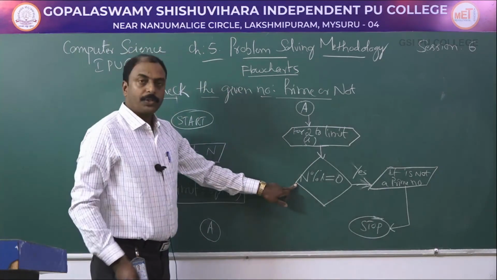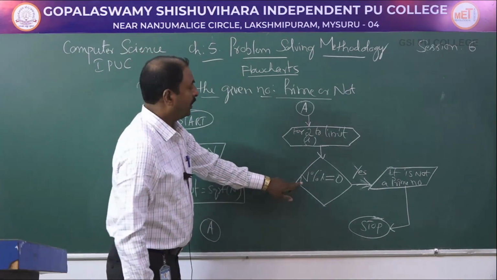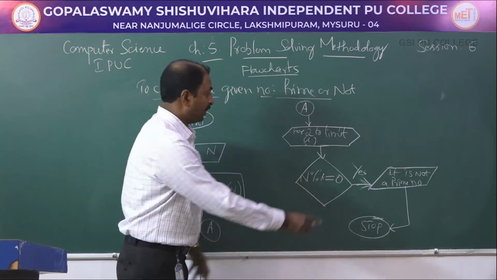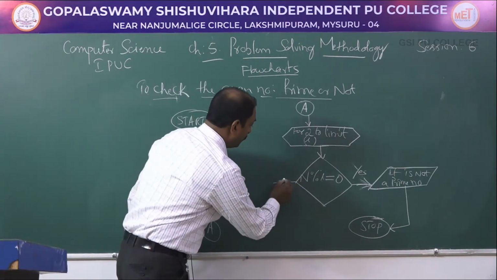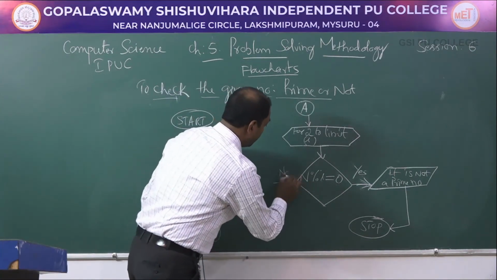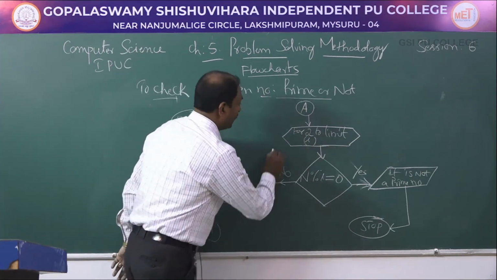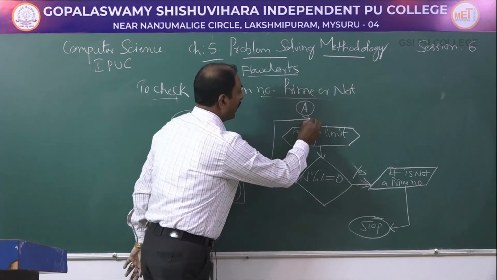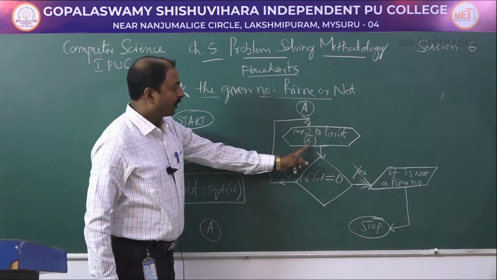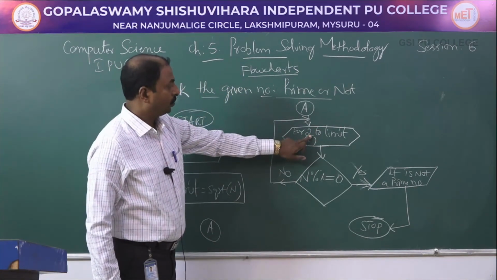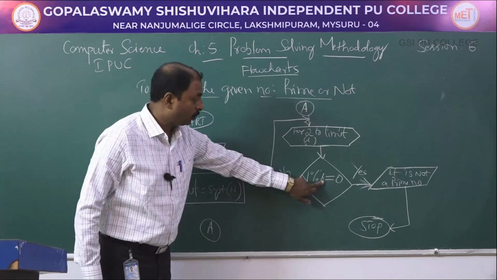Suppose if you look into another branch here, if remainder is not 0, this is no. If remainder is not 0, we have to again divide by the next value of I. First time start with 2, n percentage 2.